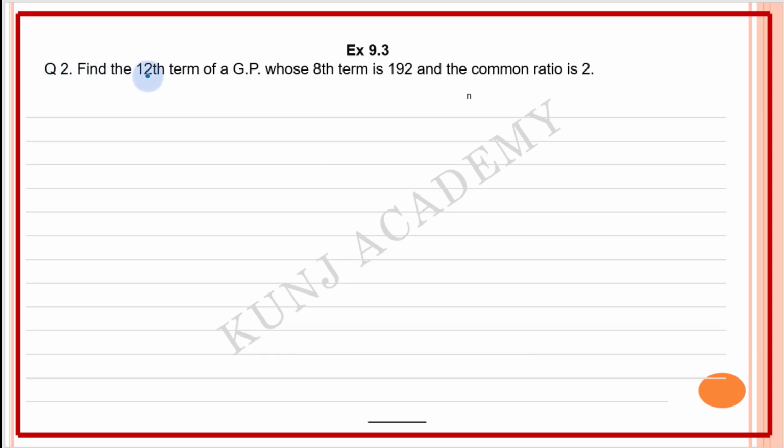Question: find the 12th term of the GP whose 8th term is 192 and common ratio is 2. Let the first term of the GP be A. Common ratio R is equal to 2.